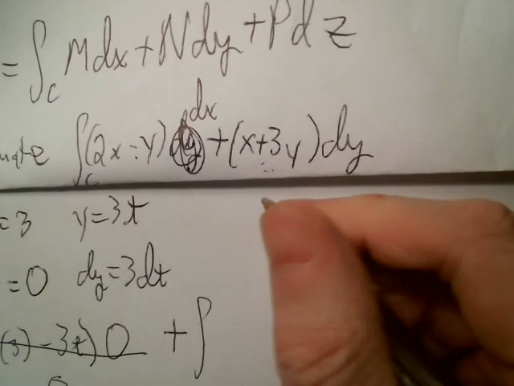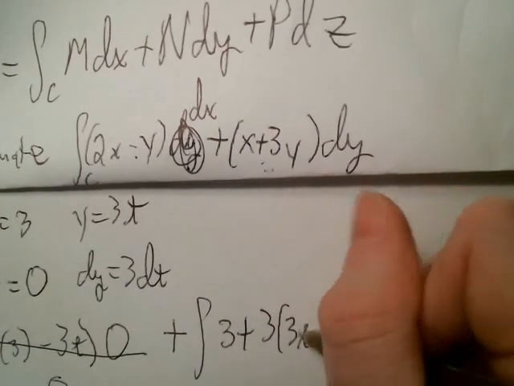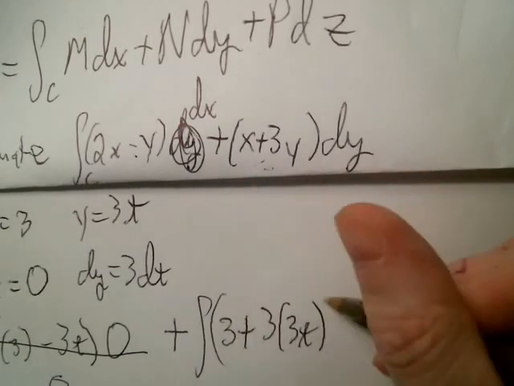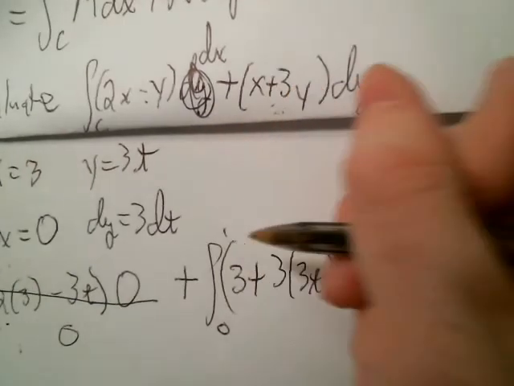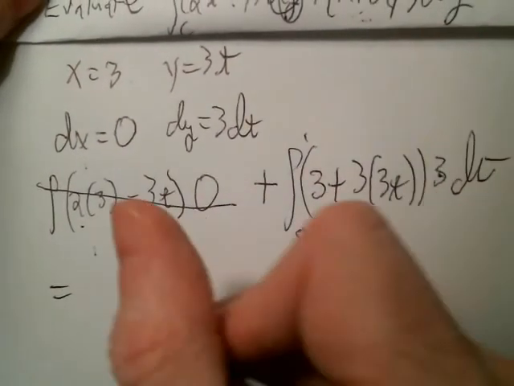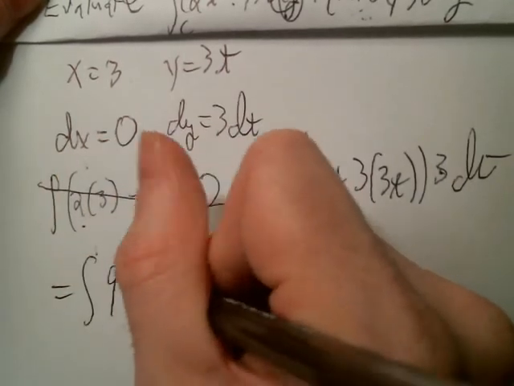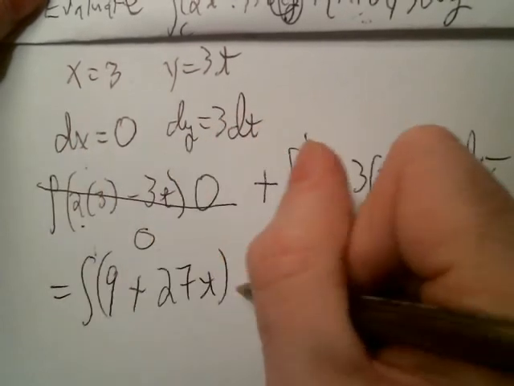So the integral of x, which is 3, plus 3 times y, which is 3 times 3t, times dy, which is 3 dt. And I'm integrating from 0 to 1. Okay, so in that case, distributing, I'd get the integral of 9 plus 3 times 3 times 3 is 27t dt.